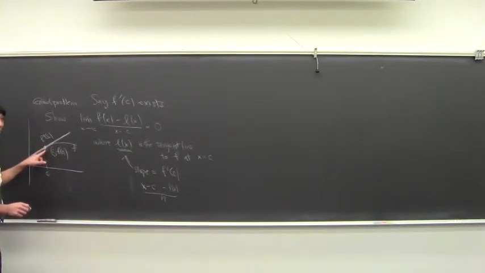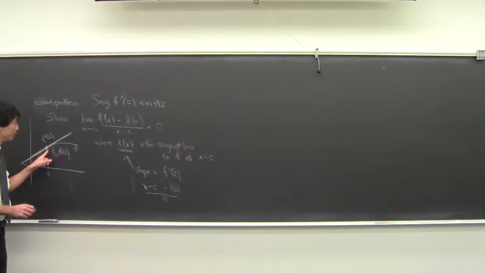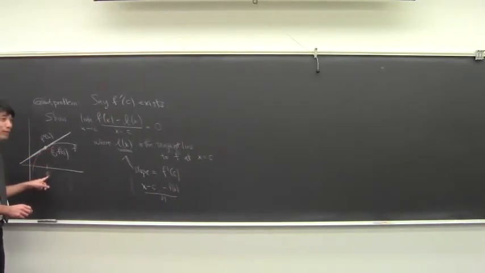If you have a c and f of c, then you're looking for the h in between the two points on the x-axis. But there's only one point on the x-axis, right?